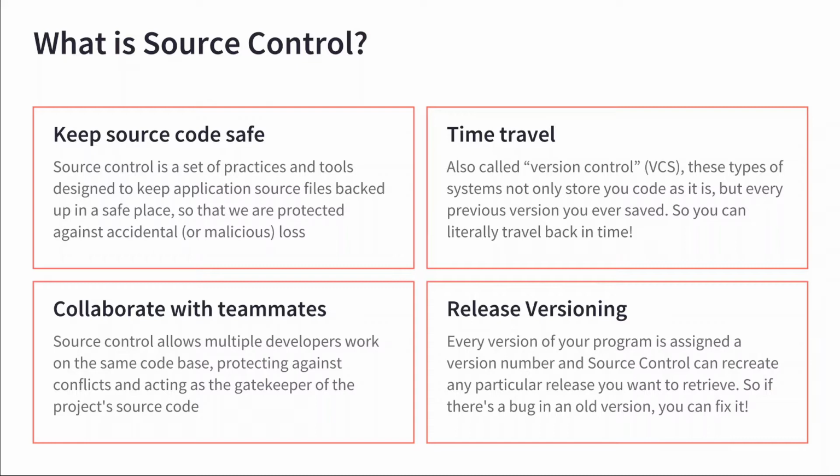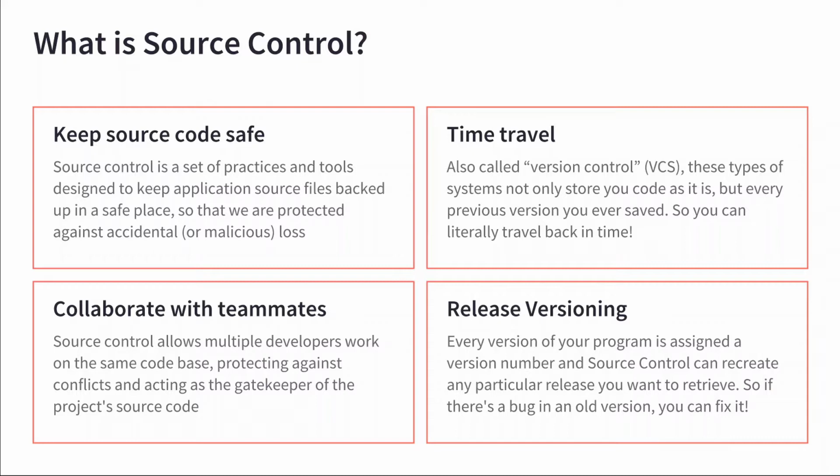And so when you say I want to go back to my product's version 1.0, it knows exactly what versions of every file made up that version, and then you can go back in time, literally, and rebuild that version and look at it. If you know that there was a bug in that version, you can go back and correct that issue and then reissue a version 1.01, for example. So it's a great way to keep track of everything you've ever done.